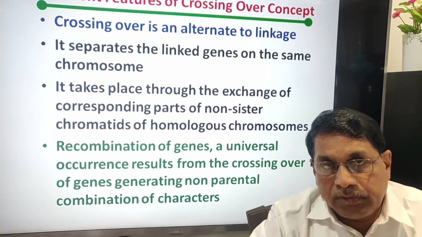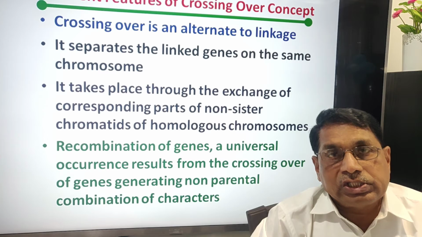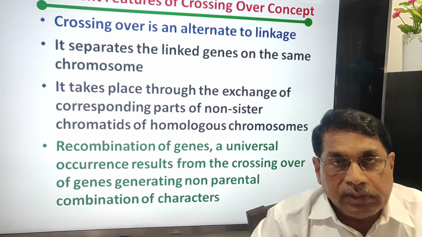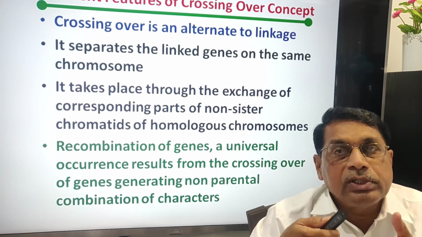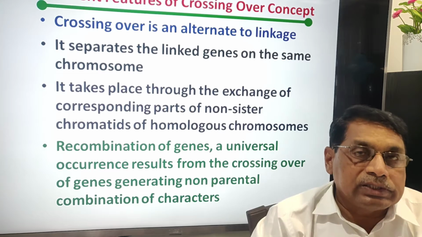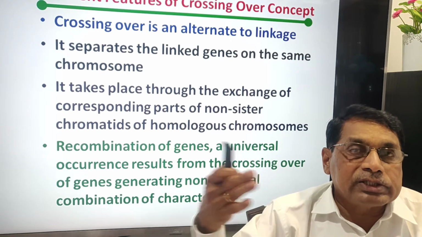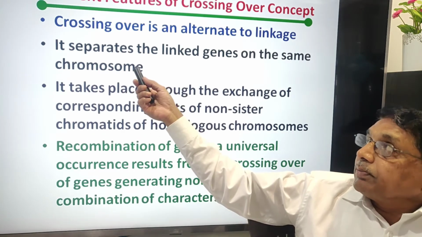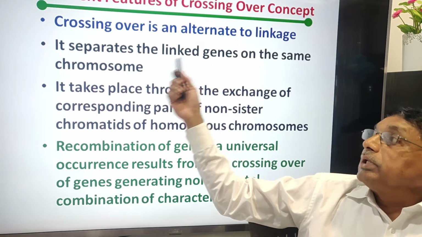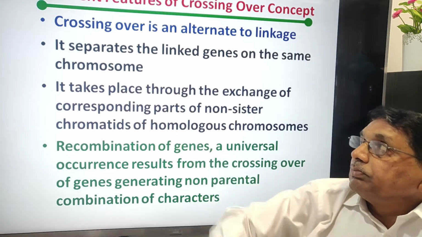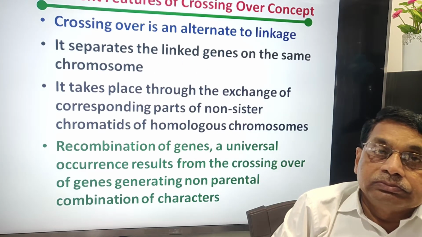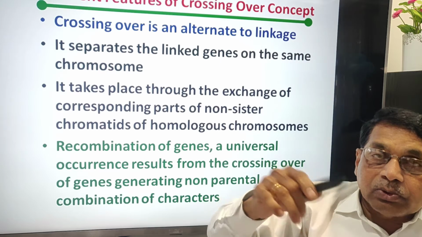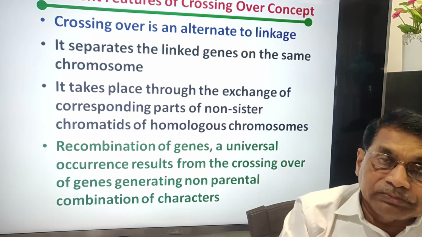As the distance between the two genes increases, the possibility of linkage decreases, possibility of crossing over increases. They tend to get separated. It separates the linked genes on the same chromosome. The two genes present on the same chromosome get separated.